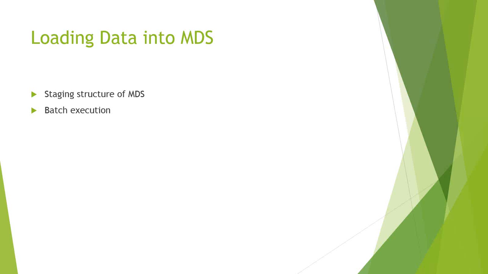For example, we have an entity for customers, so there will be a staging table for that customer. The way we import data into the MDS is to first load data into the staging table, then run a batch. That batch is actually a stored procedure with a similar name to that staging table to transfer data to the MDS.